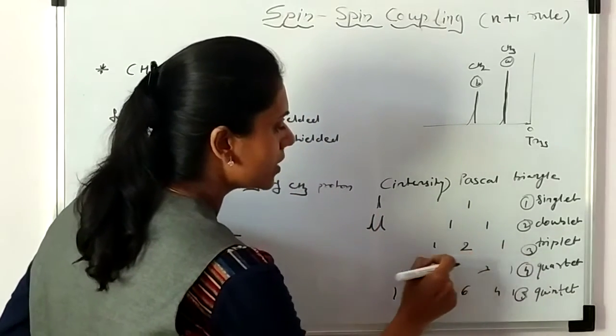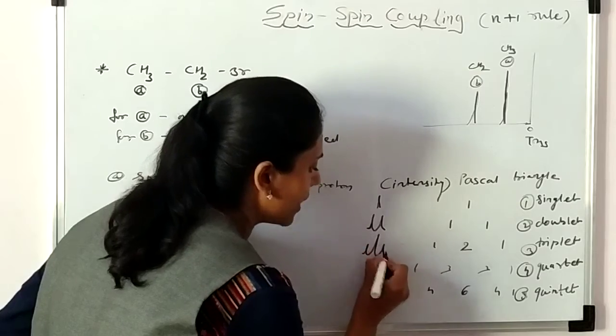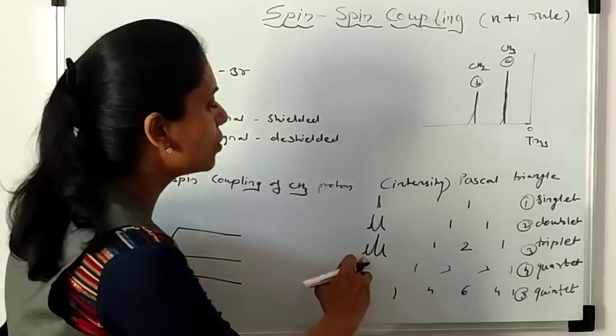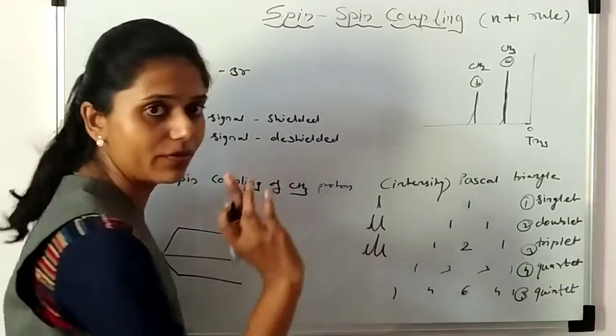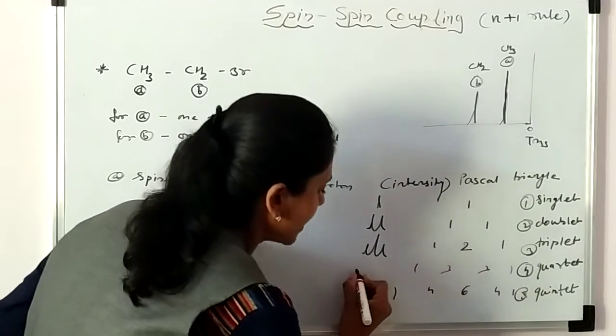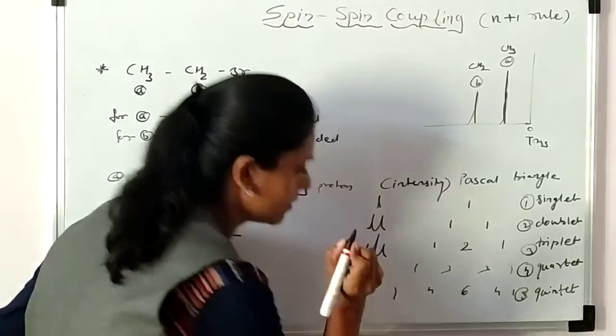When we draw the triplet, there is 1:2:1. Our signal is split into this format, 1:2:1. Now here 1:3:3:1, that means 1, 3, 3, 1.